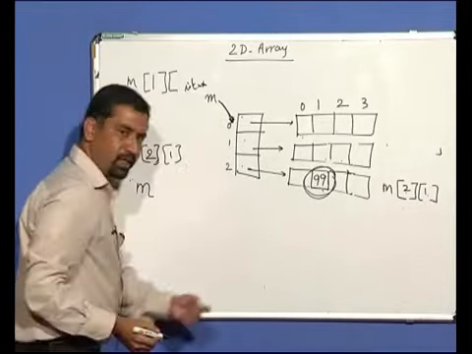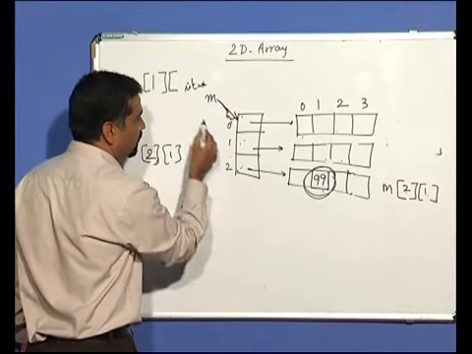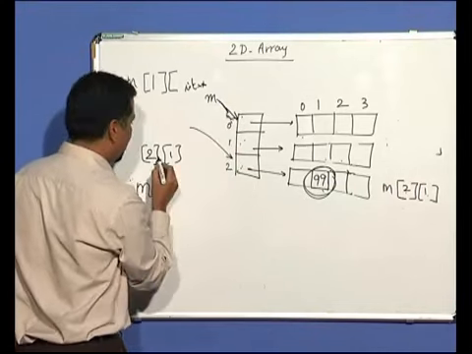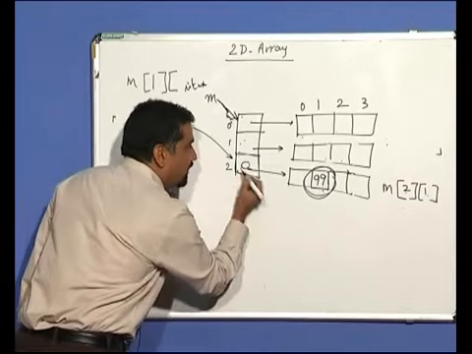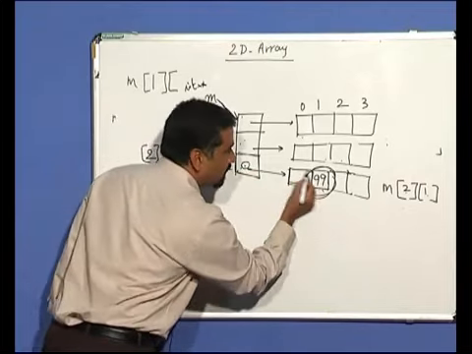Quickly we look at it. To get there, first we have the address of this first element here. So I need to come here, that is m plus 1, m plus 2. So in order to come here, I simply add. That gives me a pointer to this box. But I need to get the contents here, which is nothing but the address of the first box here.